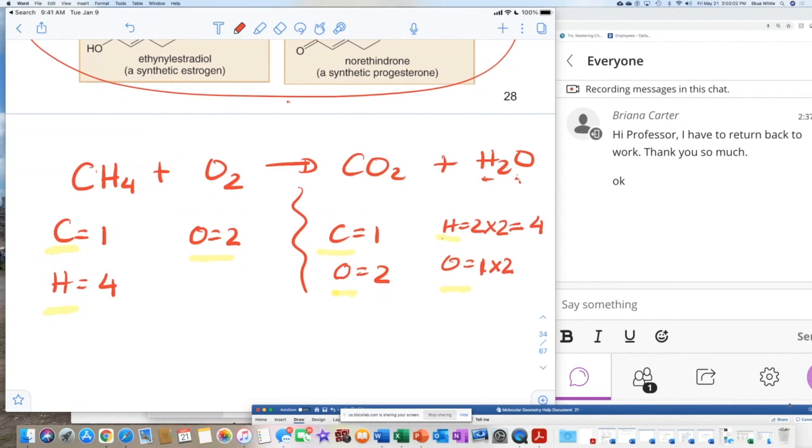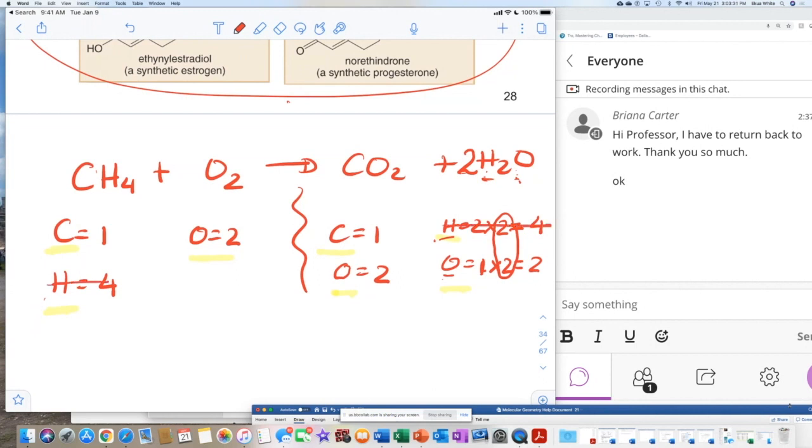One times 2, because in the same compound, equals 2. I had to double both the hydrogen and the oxygen. When I'm done doubling, I'll take the multiplier I have here and place it in front of the formula water, and that 2 will apply to both hydrogen and oxygen.